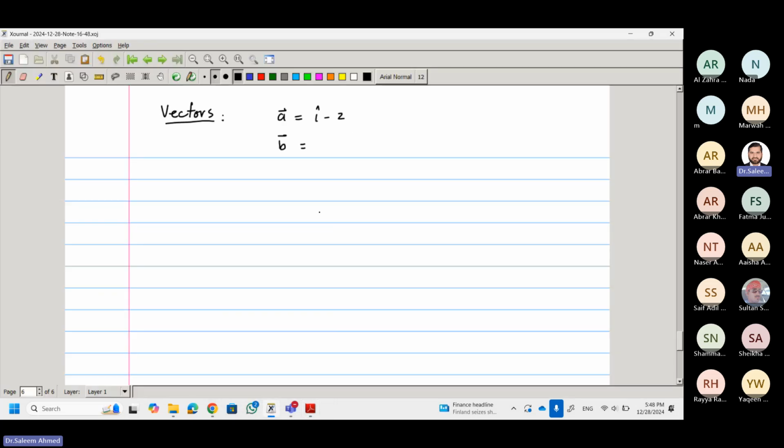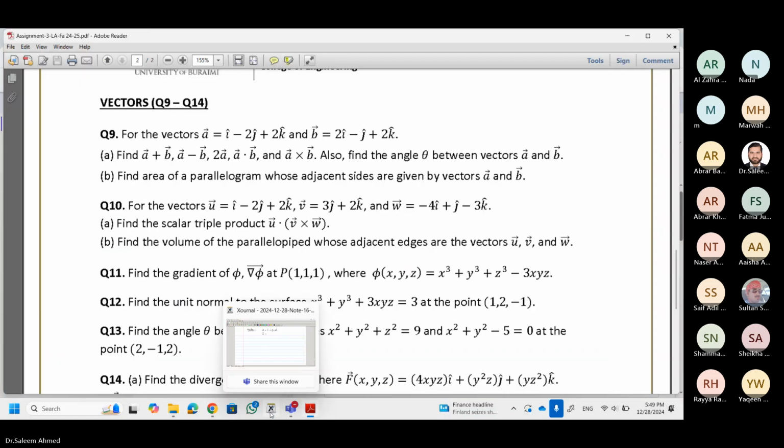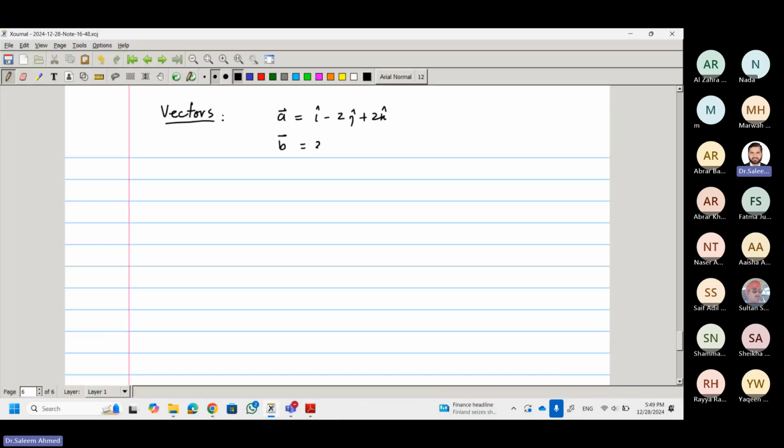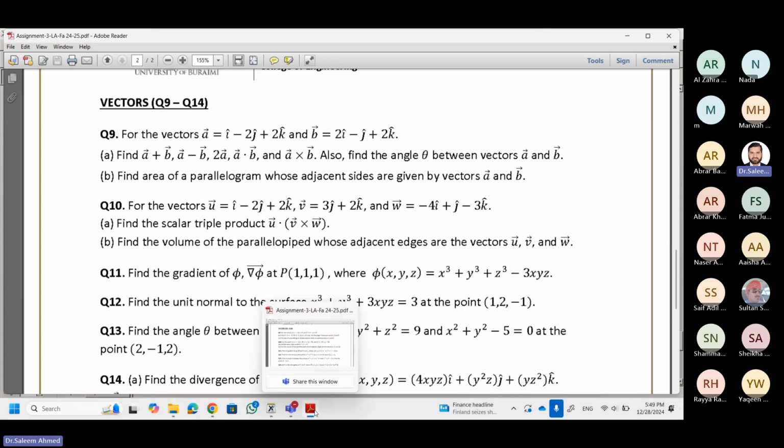So basically, you can add and subtract, that's not an issue. You add i with i, j with j, k with k. For example, here they're asking you a plus b, a minus b, 2a. That's not a problem. Then the dot and cross product.